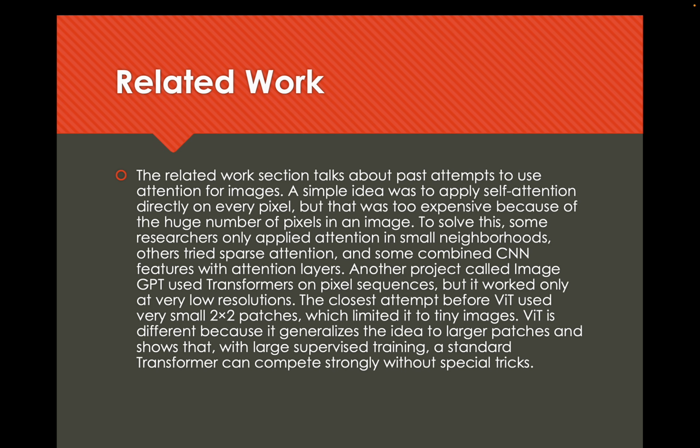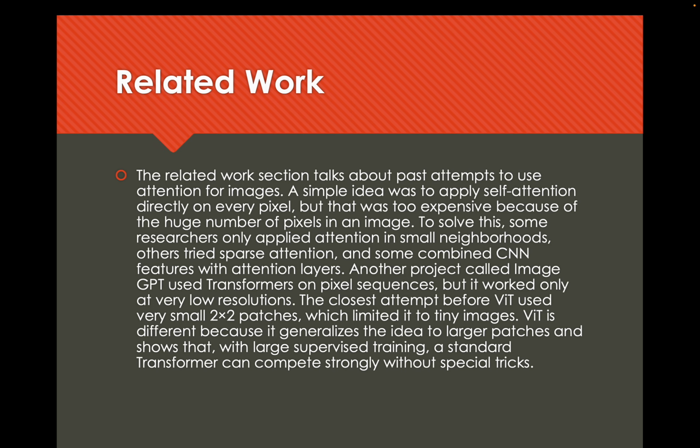To solve this, some researchers applied attention to small neighborhoods, tried sparse attention, and combined CNN features with attention layers. Another project called Image GPT used transformers on pixel subsequences but worked only at very low resolutions.